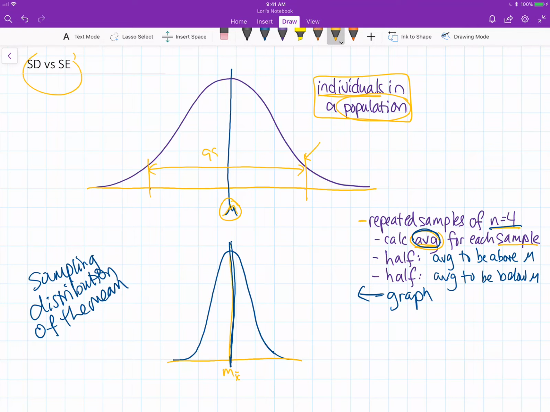So this middle part is 95%. Well, this sampling distribution of the mean also has that same idea, where this middle area represents 95% of the time that it falls in that area.